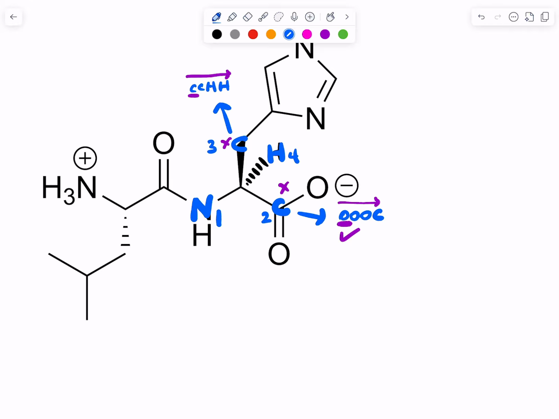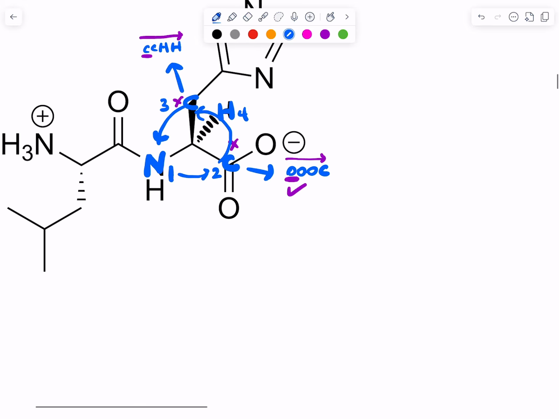Okay. Now we're going to draw an arrow from 1 to 2, from 2 to 3, and from 3 back to 1, and we're going to annotate whether drawing that arrow is clockwise or counterclockwise. In this case, it's counterclockwise.